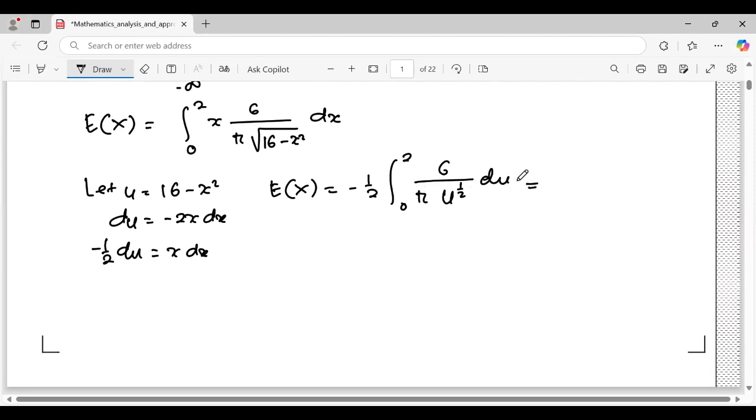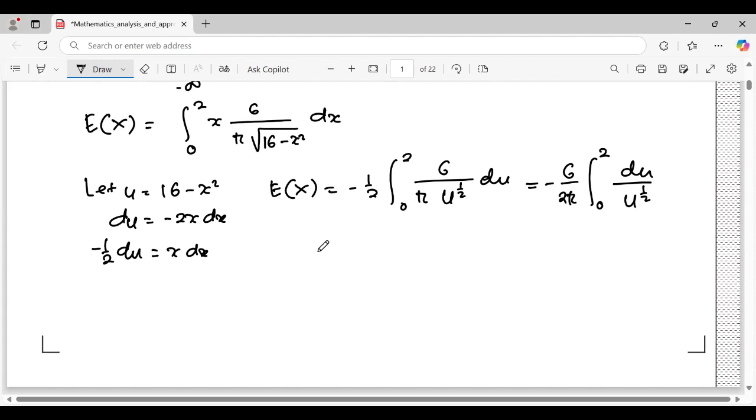Or it becomes minus 6 over 2 pi, because pi is constant, integral 0 to 2 of du over u power 1/2.